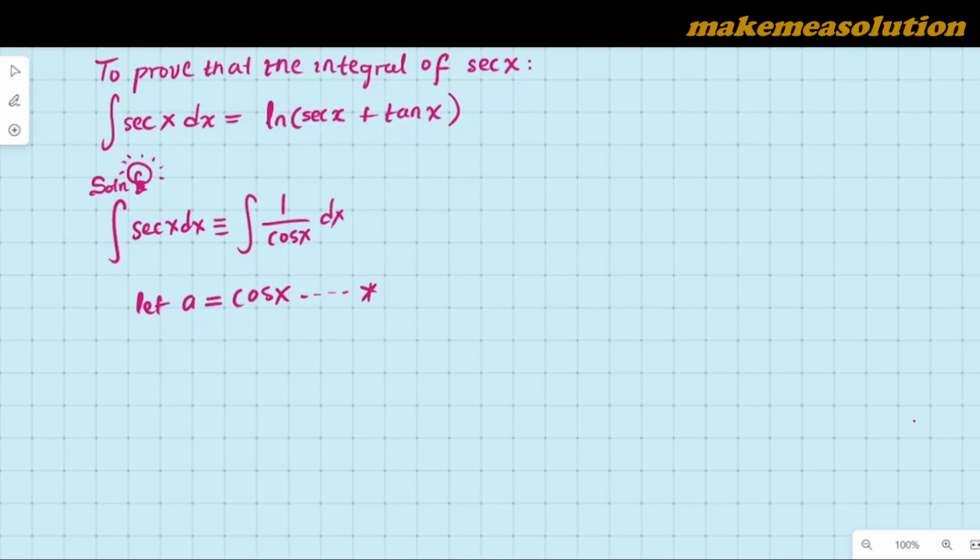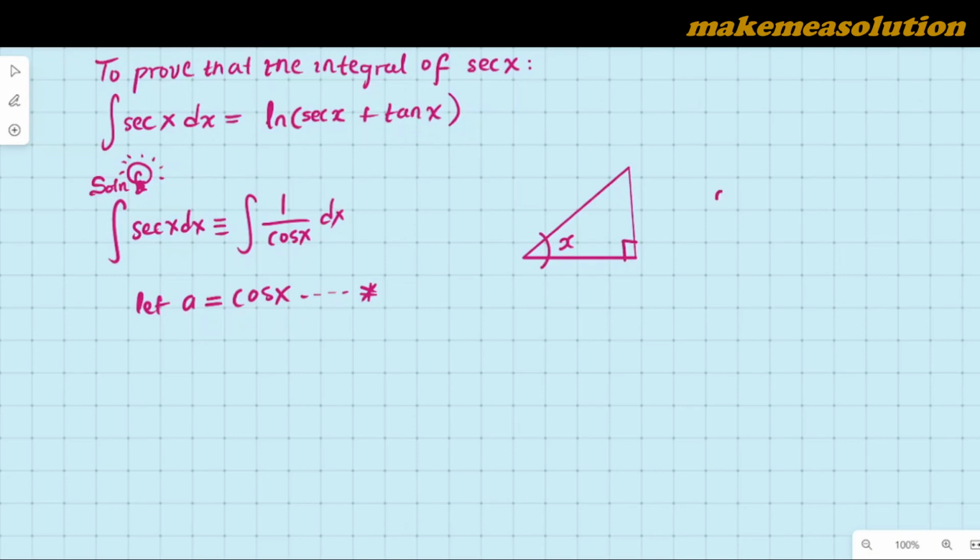If you make this assumption, it will also be wise to picture it using right angle triangles. So let's get a right angle triangle to illustrate what we're trying to do. This is a right angle triangle and this angle is x.